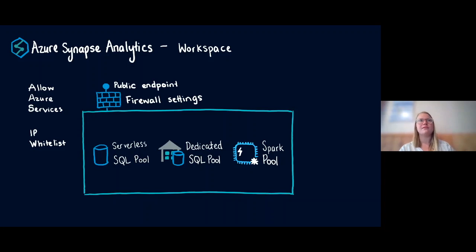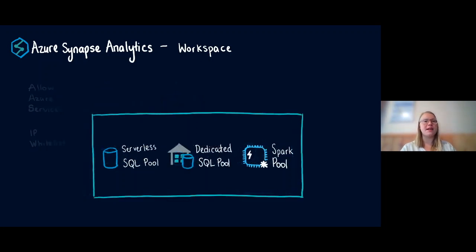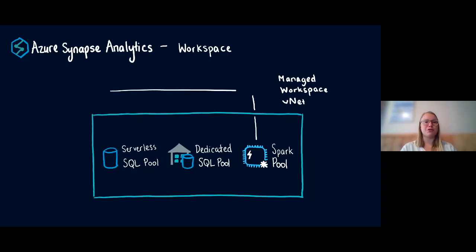But in some scenarios, especially in the enterprise scene, you might get much higher requirements on the security side, and there might be requirements that no public endpoints should be used at all. So we also need to be able to adapt to those kinds of situations. One way we can work around that is by using something called a managed workspace virtual network. That gives us a managed virtual network, which we don't necessarily see or control, but it is managed by Azure Synapse Analytics for us.